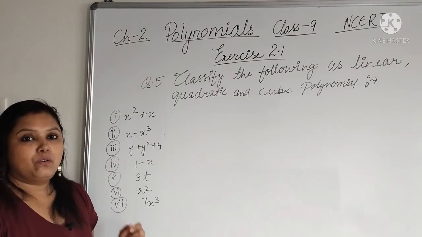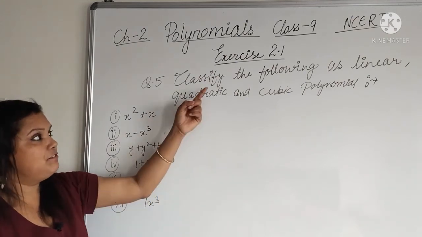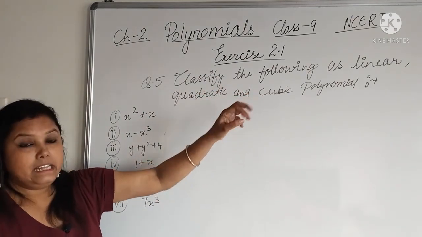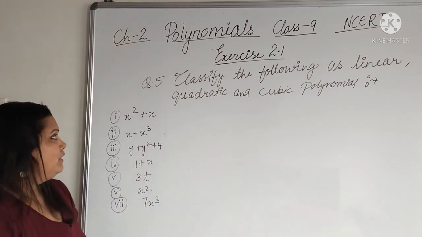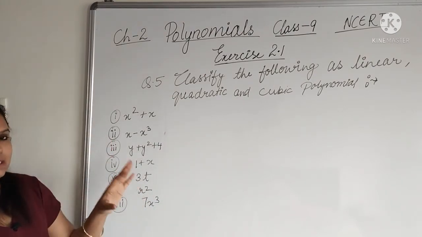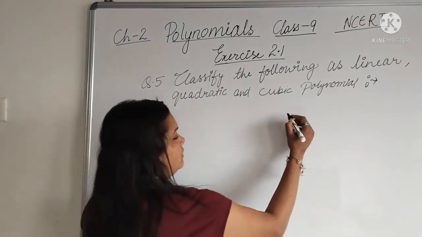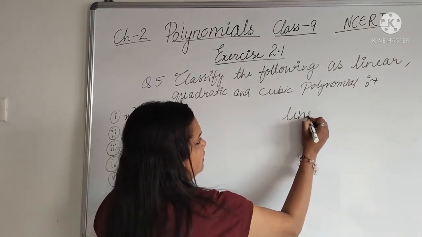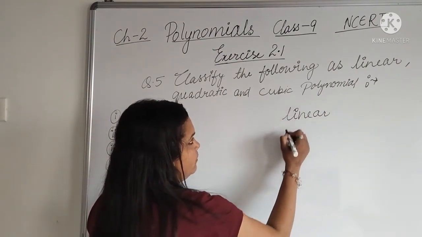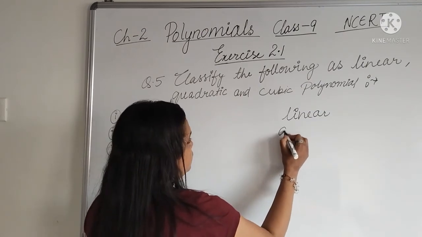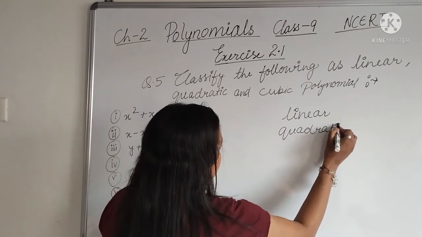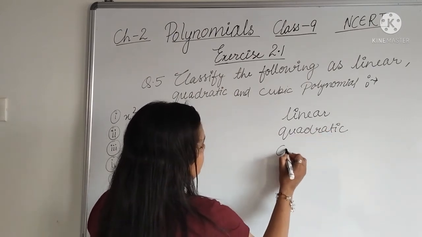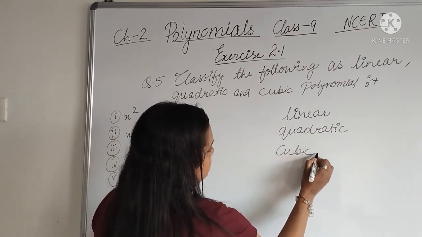Easy? Question number 5 is classify the following as linear, quadratic and cubic polynomial. Before solving this, I would like to tell you what is a linear polynomial, what is a quadratic polynomial and what is a cubic polynomial.